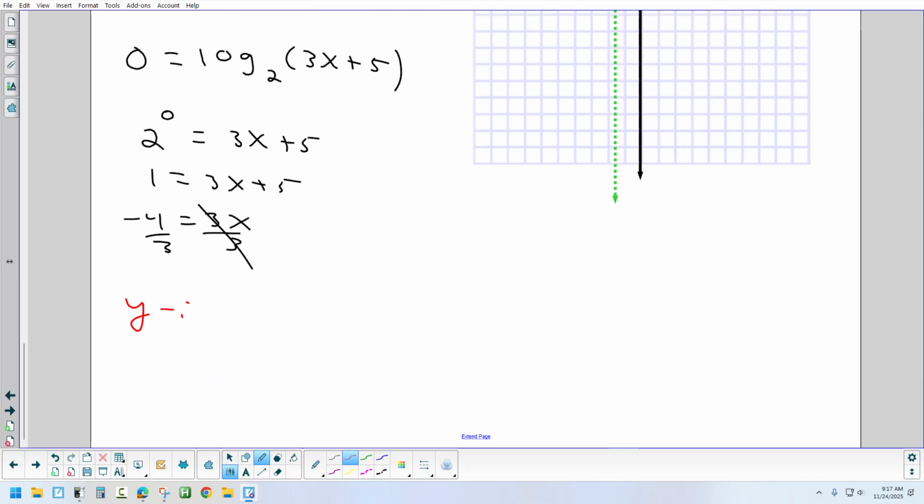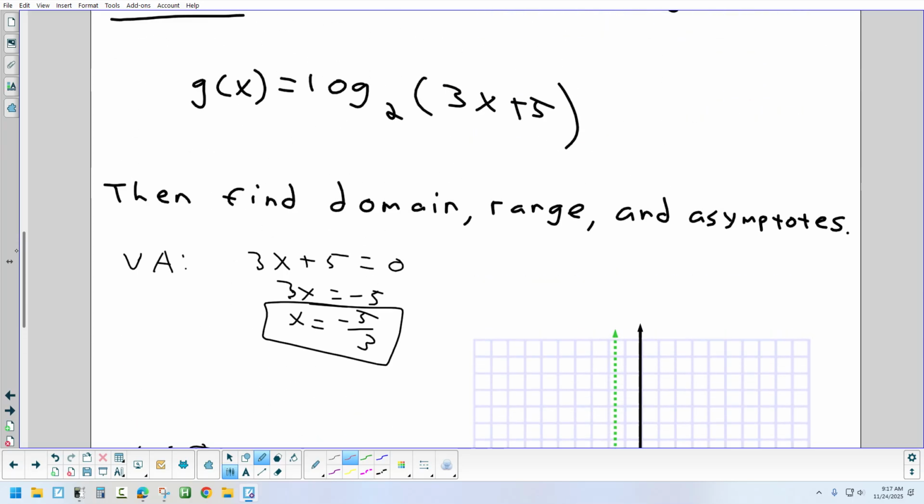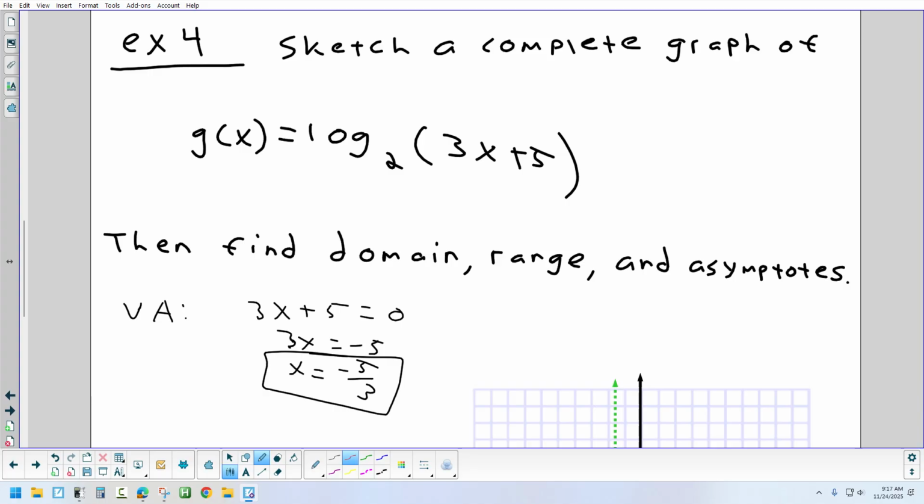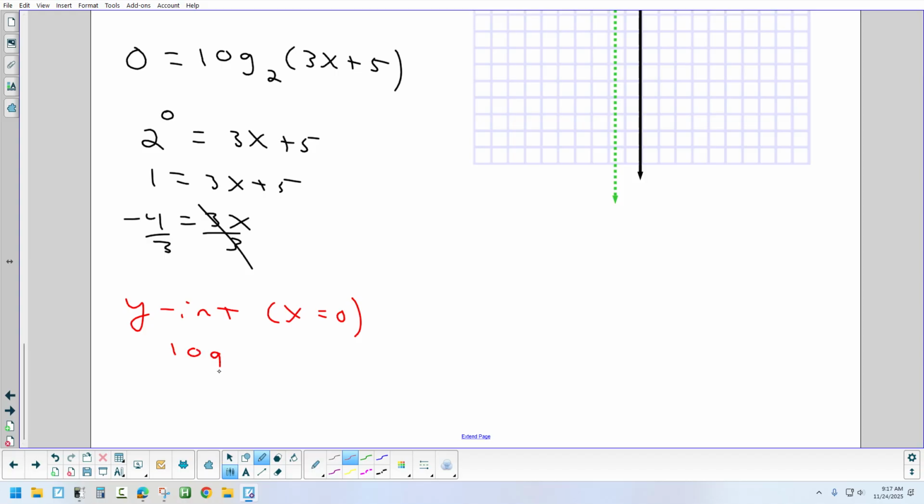Okay. Let's find the y-intercept. That's when we plug in 0 for x. So log base 2 of 3 times 0 plus 5. Now we can do what Evan, I think it was Evan, you said earlier, use the change of base formula.